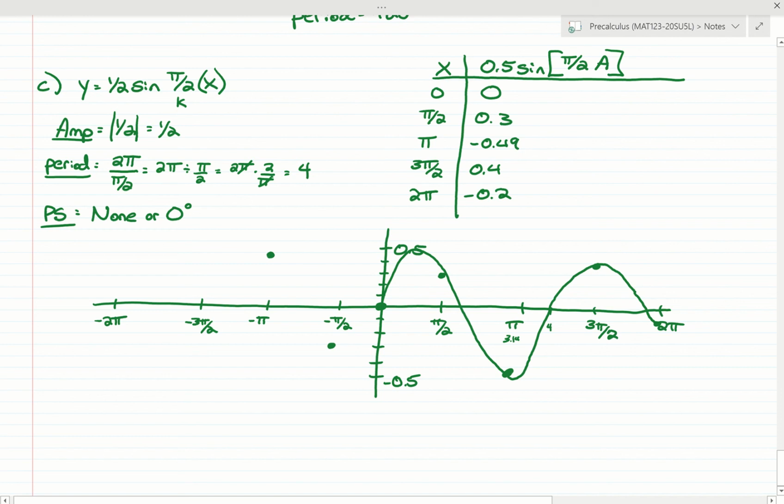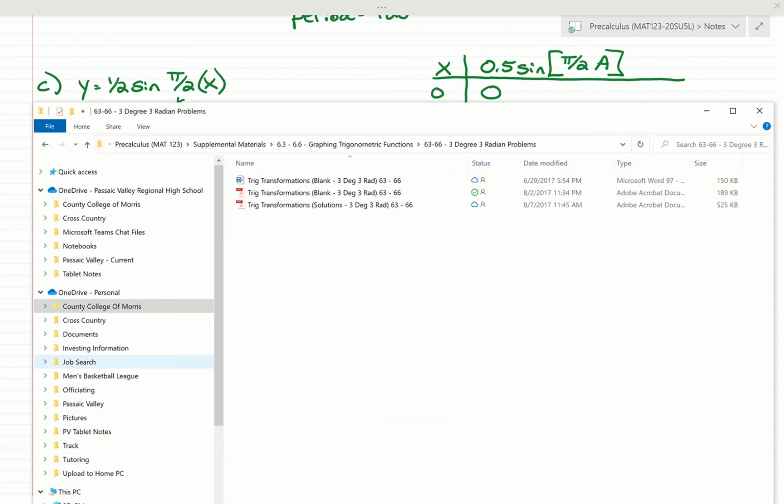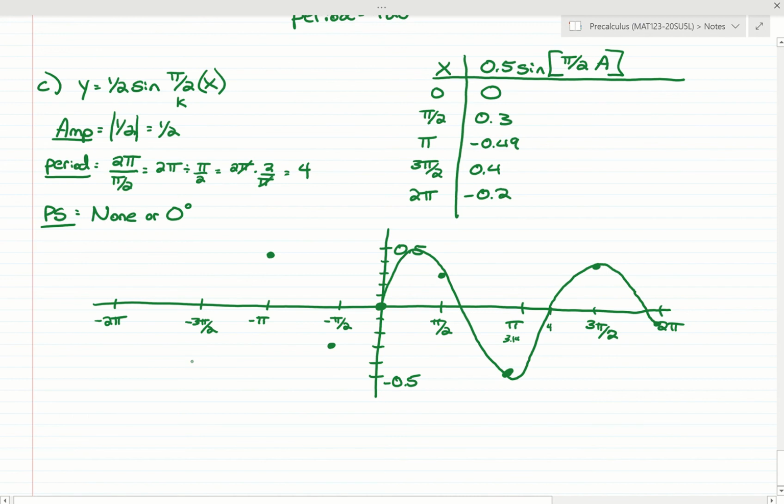And then for negative 3 pi over 2, I'm getting negative 0.4. Oops. And then for negative 2 pi, I'm getting 0.2. So we can keep this pattern going.